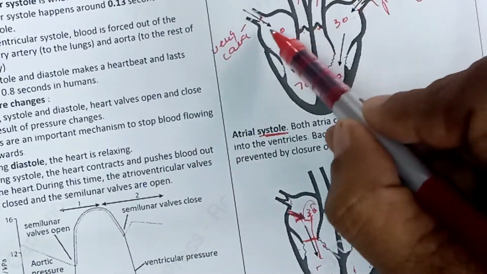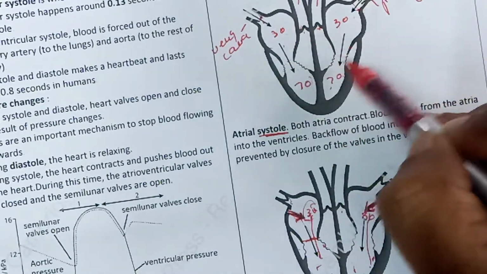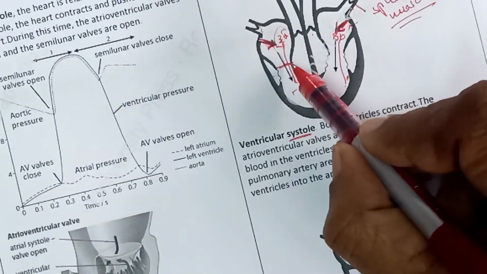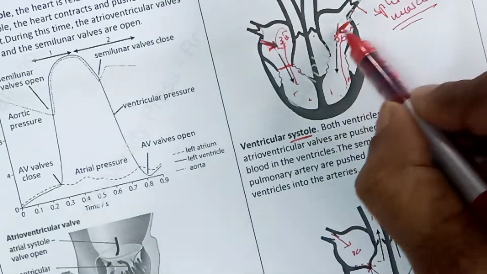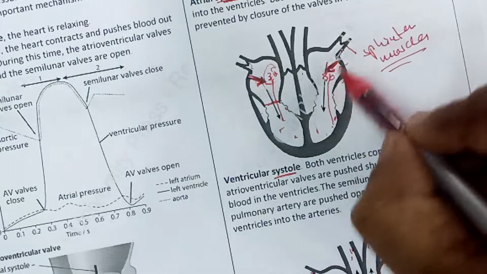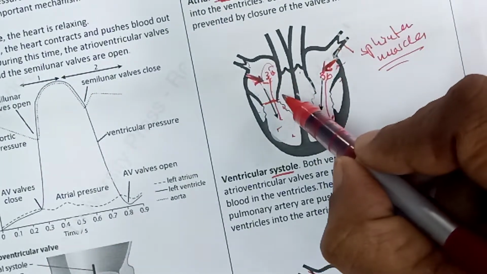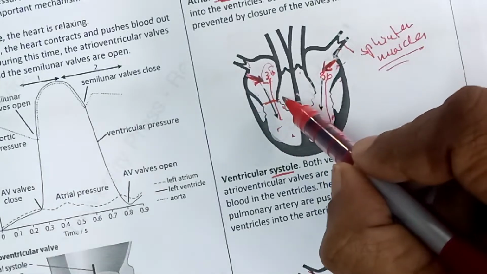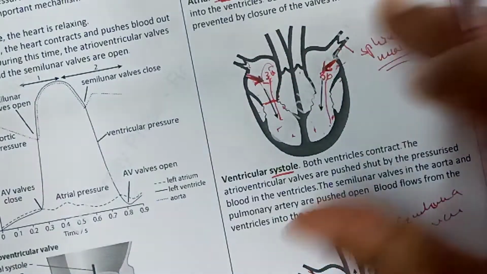Look here. We have 30, so it opens. Look here. When it is empty, the blood is moving down. When it is empty, the pressure is less. So you see it opens and then it closes. As soon as this closes, this opens.